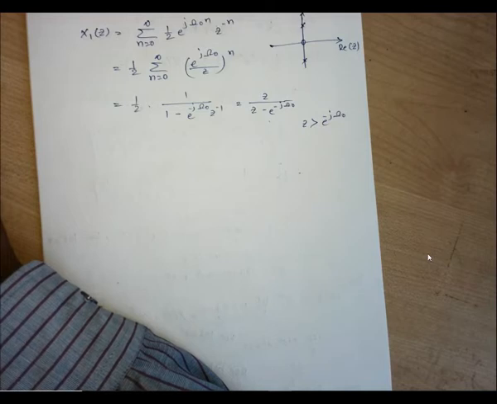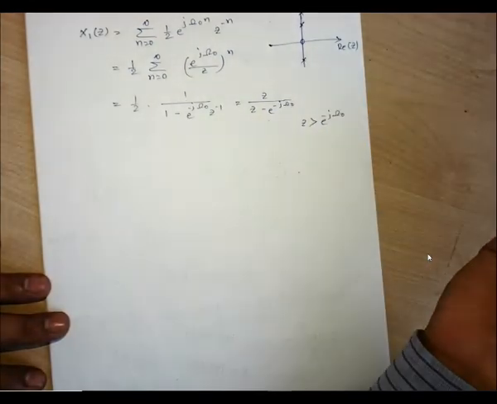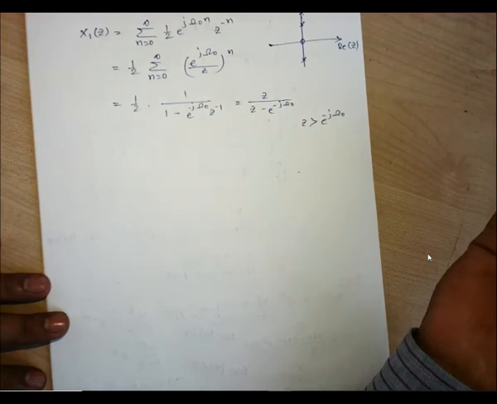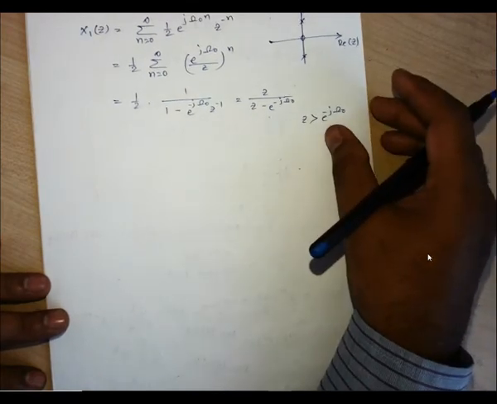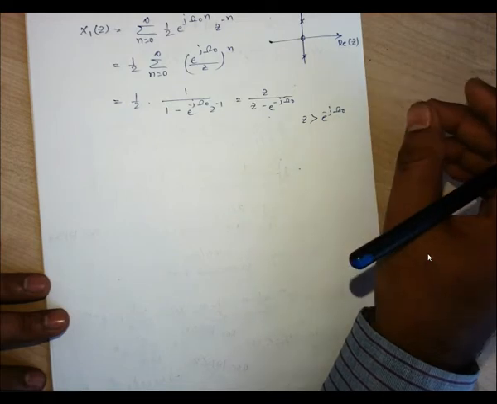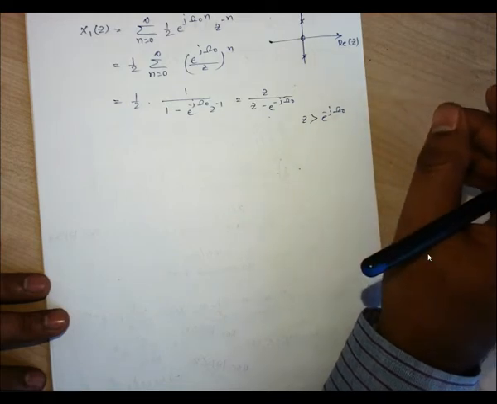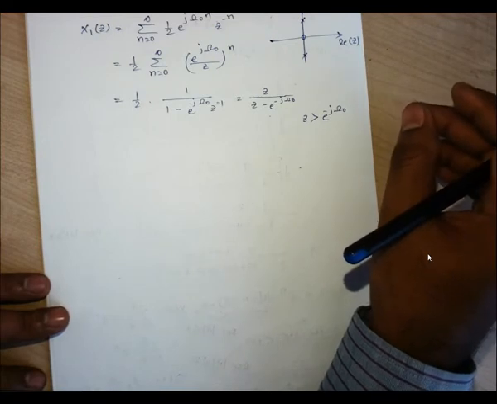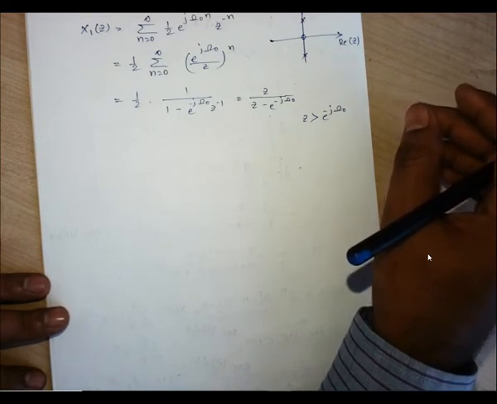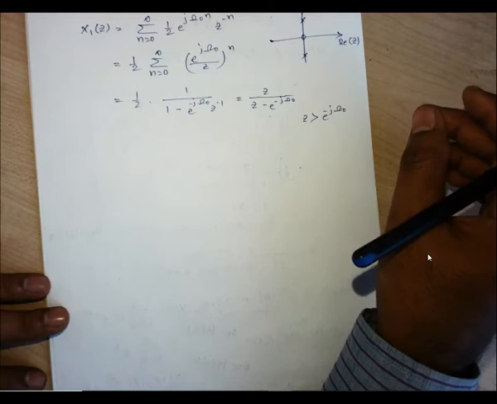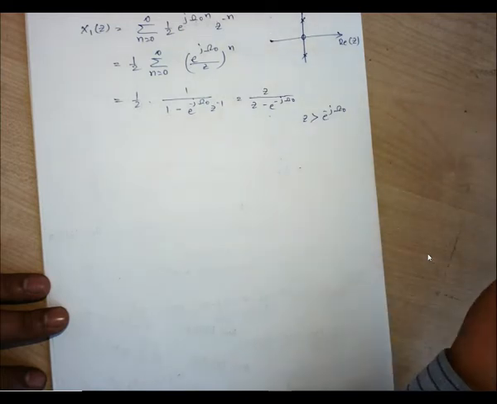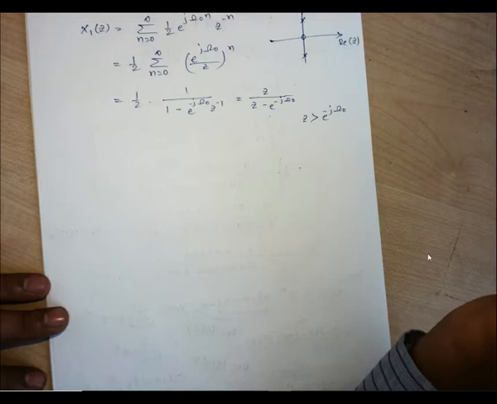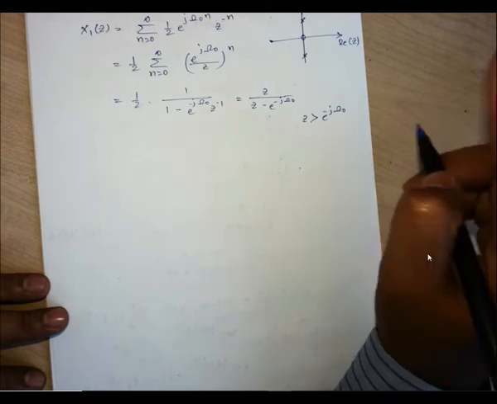Now if we look into this omega naught, what is the limit of omega naught? When we were working with DTFT, what integration limit did we choose? Minus pi to pi, if you can remember, in the case of DTFT.